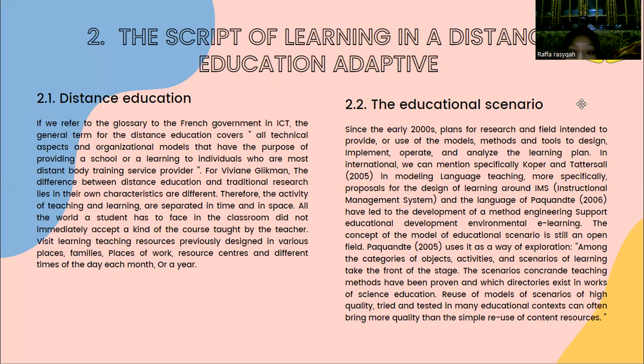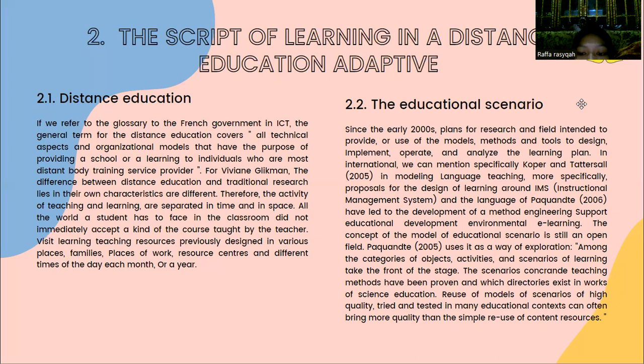Internationally, we can mention specifically Koper and Tattersall, 2005, in modeling language for teaching, more specifically a proposal for the design of learning, IMS or instructional management system, and the language of Pacquante in 2006 have led to the development of a method engineering for educational development and remote learning. The concept of the model of educational scenario is still an open file.